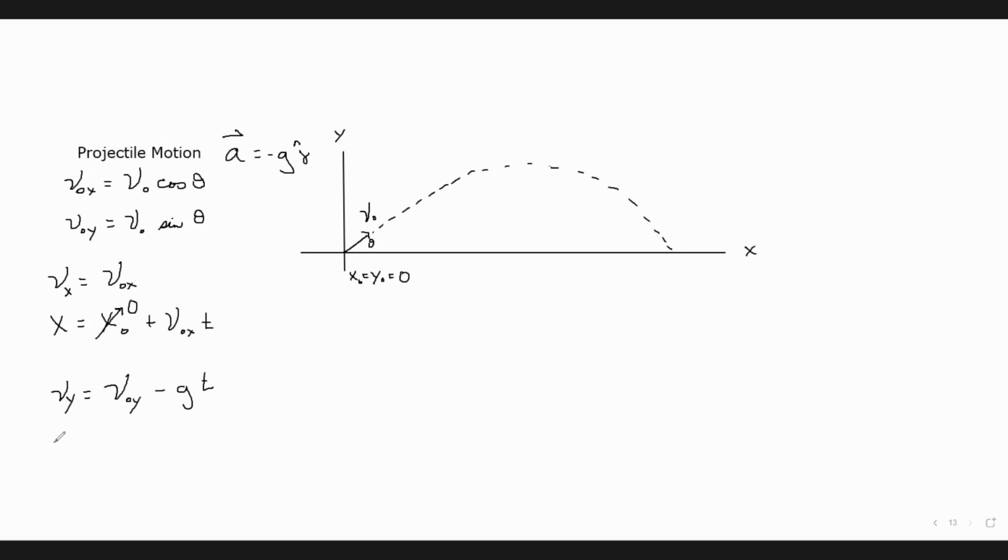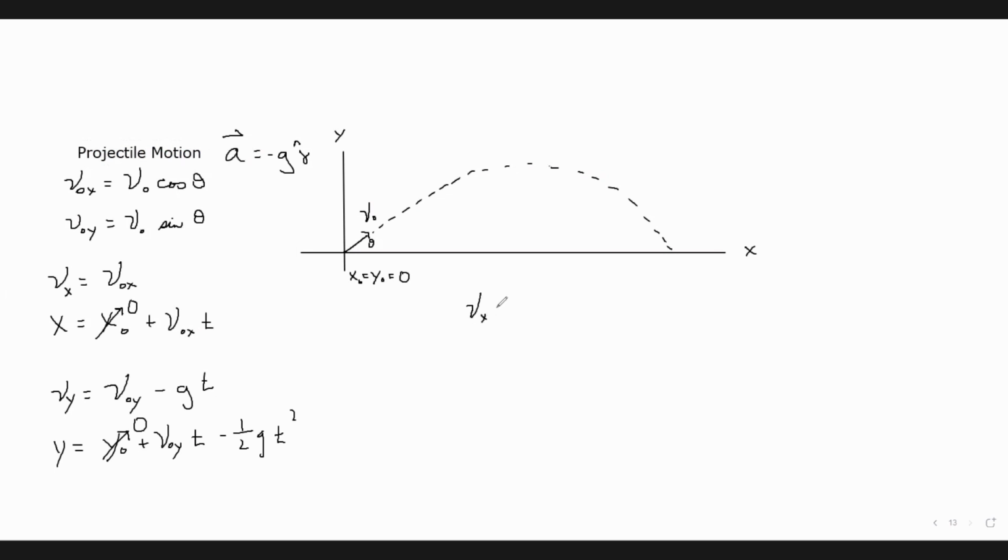And the y position is going to equal y0 plus v0y t minus 1/2 gt squared. And of course, y0 I have set to 0.